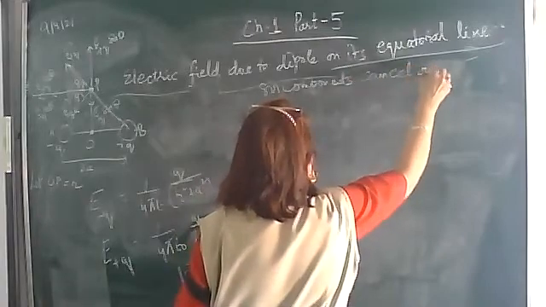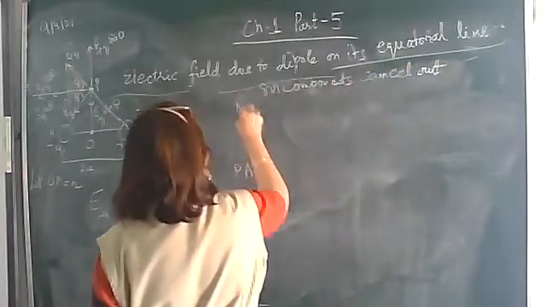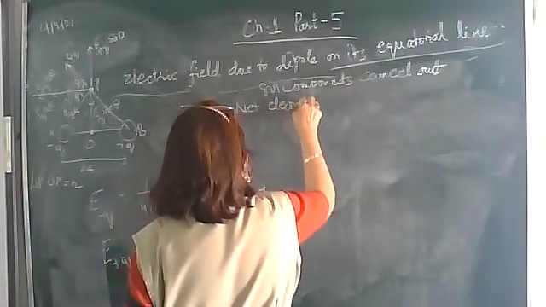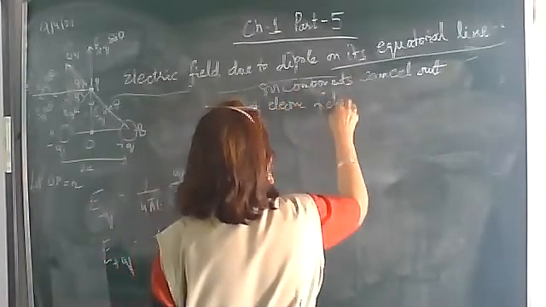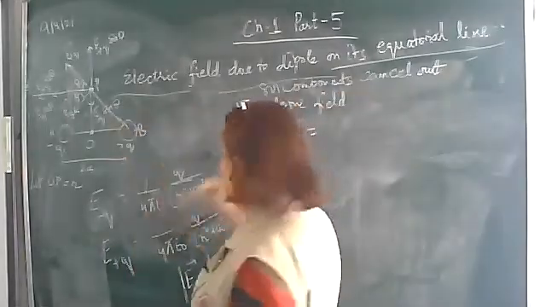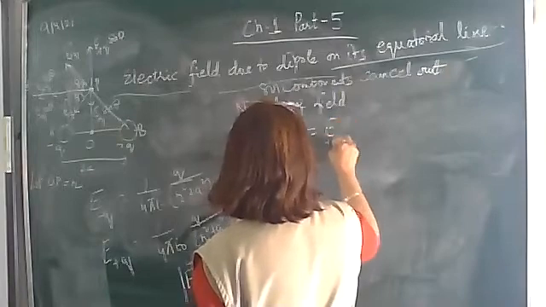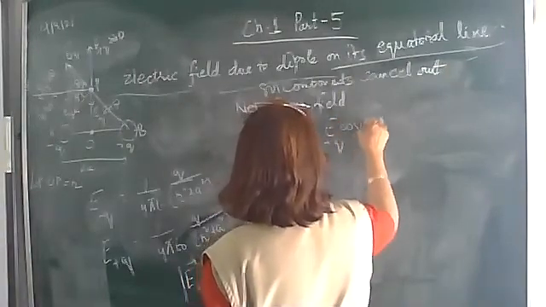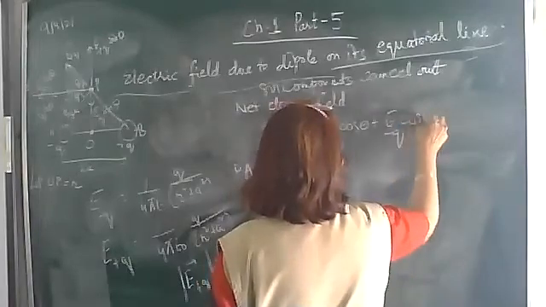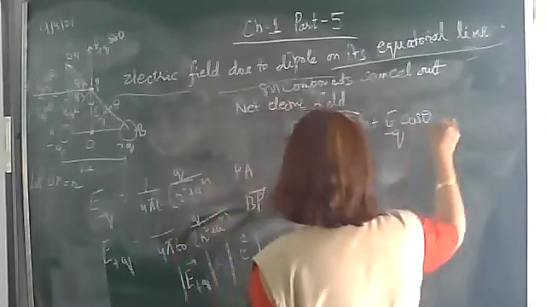So the net electric field is E plus Q cos theta plus E minus Q cos theta. Why? Because both are acting in the same direction.